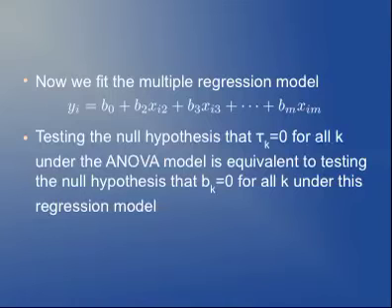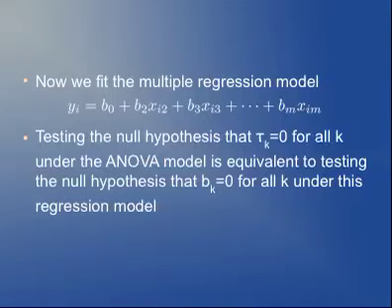If you look at it, it makes sense. If all these dummy variables are equal to 0, that implies that yi equals b0 for every single one of the k groups. It doesn't matter which of the k groups you're in, the mean value is the same. On the other hand, if one of these b's here is non-zero, that implies that particular group has a different mean than the other group.